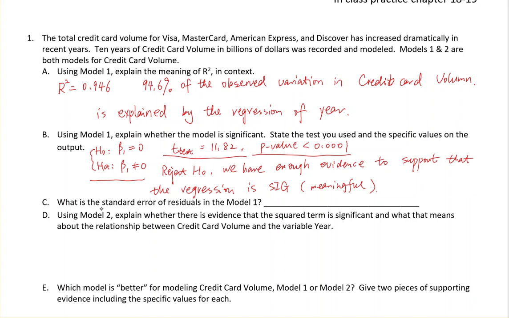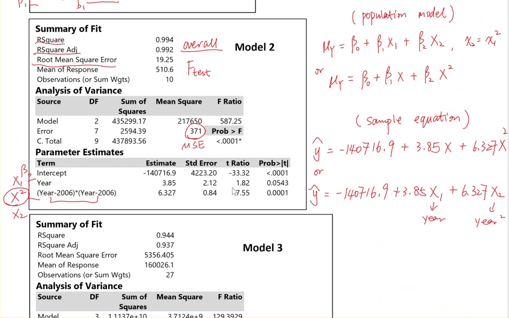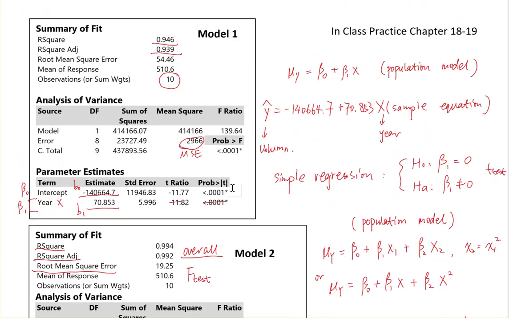All right, okay, so number C, what is the standard error of residuals? Okay, so what is the standard error of residuals? First, what is that? It is SE, right? Standard error of residuals is SE. How do you find the SE? It is also called the root mean square error, right? So this is just SE, the standard deviation of a residual, right?